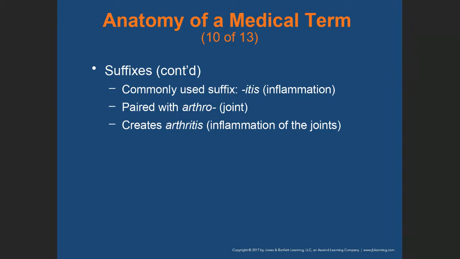If you see the term itis and you're thinking about inflammation, inflammation is associated with swelling, leakage of fluid, and a rise in temperature. Paired with arthro, which is the word root for joint, it becomes arthritis, which is inflammation of the joints.